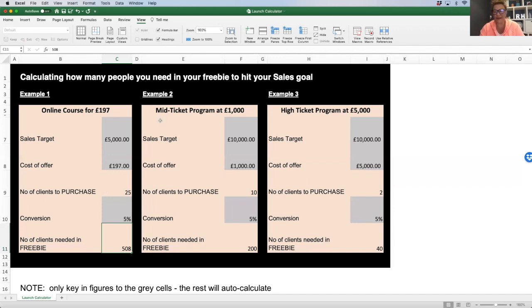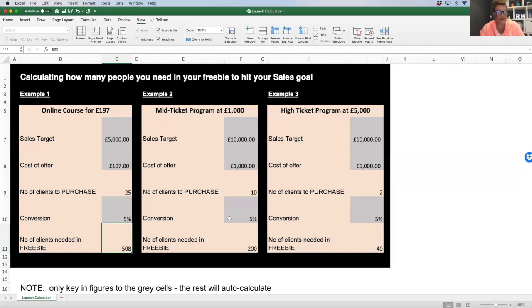Now let's look at the mid-ticket program. We've got a sales target in this example of £10,000, and we know that our offer is 1,000. That means that we've got to sell to 10 new clients. And if our conversion rate is 5% from whatever our launch activity is, so in this example, imagine your launch activity is maybe a masterclass or a webinar, or it could be a 5-day challenge.